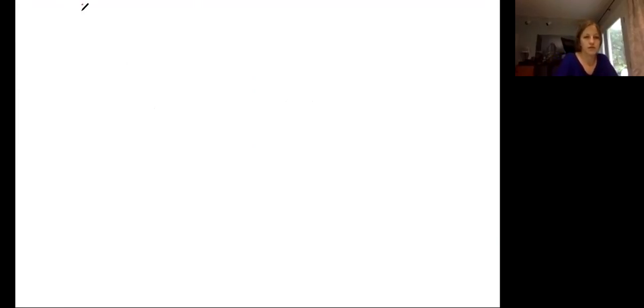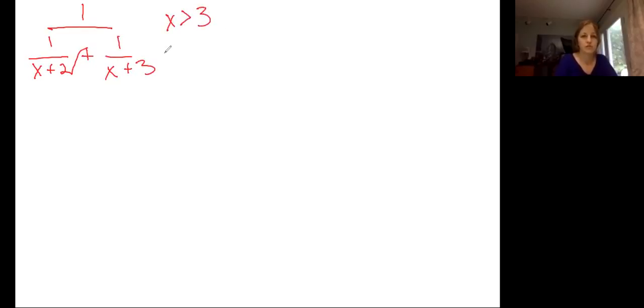So what we have is 1 over x plus 2 plus 1 over x plus 3. And they tell us x is greater than 3. So let's make x equal to 4. And then we'll plug it in and we'll solve.